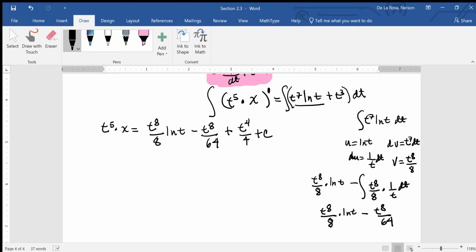And then finally isolating x. Remember, x in this case is the dependent variable and t is the independent variable. x of t will be, we divide everything by t to the 5th.